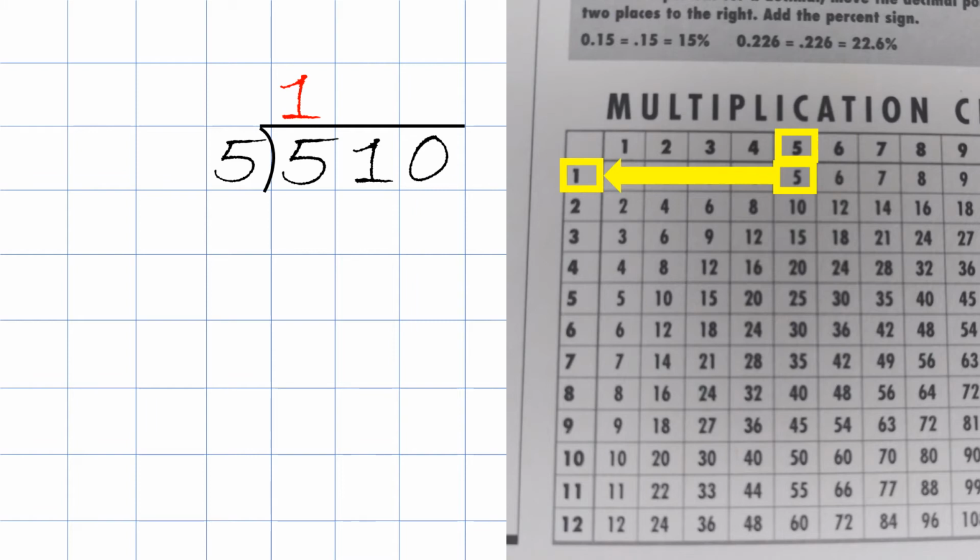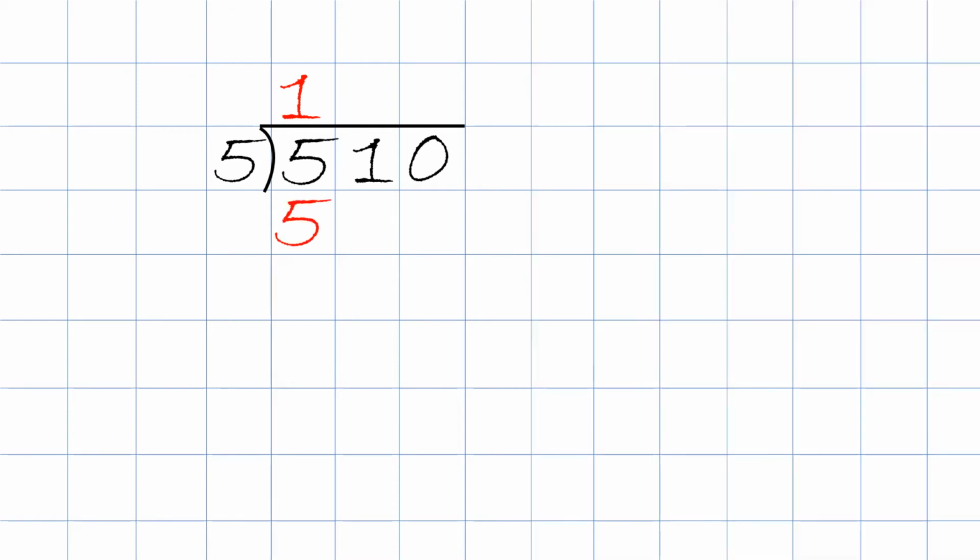Then we take 1 times 5, and the answer will be 5, which we write right here underneath the 5. We then subtract 5 minus 5. The answer will be 0. Then the 1 next to the 5, we bring it straight down.